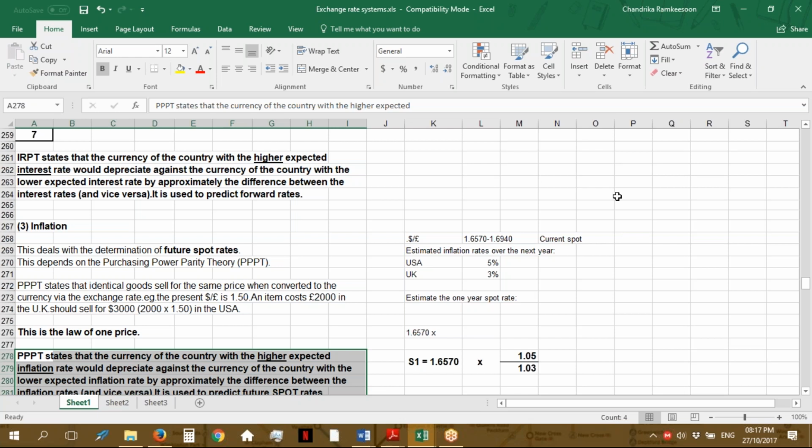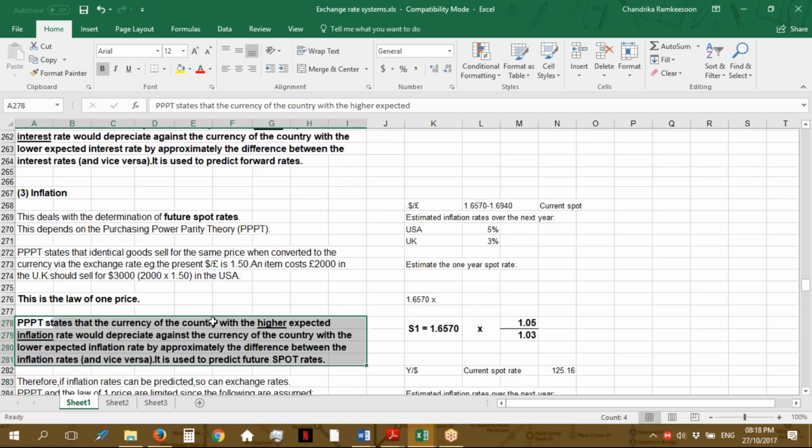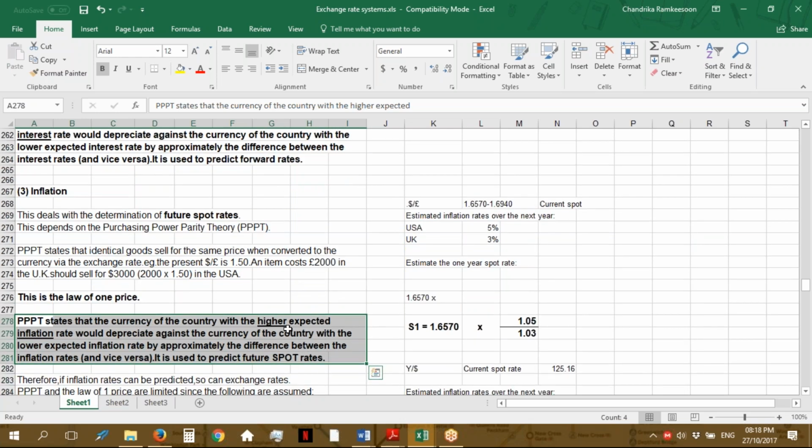Now, although you really don't need to get into a detailed understanding of it, it might be useful before we see how it works, and it works just like this, to just look at this. See, this PPPT may be easy to digest or follow, because you might think to yourself, well, I can understand why, if a country is expected to have a higher inflation rate, its currency will depreciate, because it means that the inflation rate is higher and so forth.